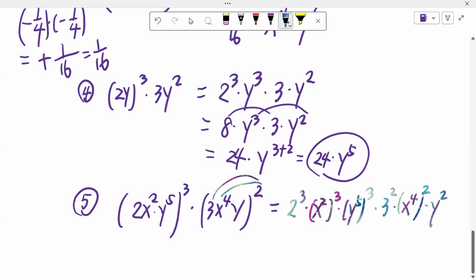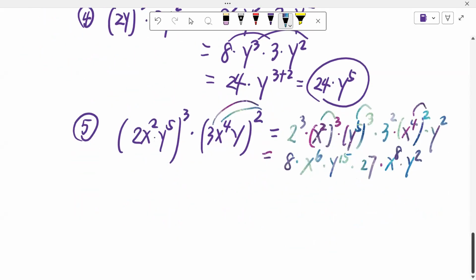And after that, we simplify every single one of them. 2 cubed is 8. And x, 2 times 3, 6. For the y, 5 times 3, 15. And 3 squared is 9, times 4 times 2 is 8, that's x to the 8 and y squared. And from there, we just multiply 8 and 27: 216. Right, 27 times 8. 7 times 8, 56.